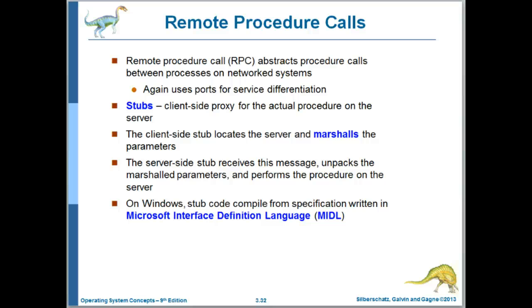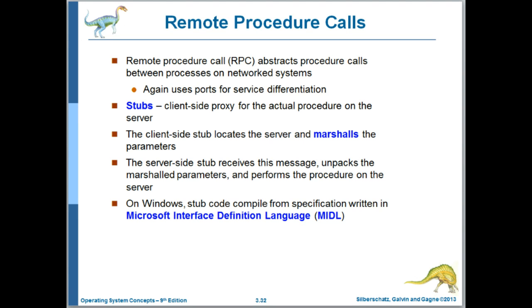Well, process A can group the parameters to the function into a message and send it across to the other system. Process B unpacks those parameters, executes the function, and then wraps up the return value into a message and passes that back to process A.